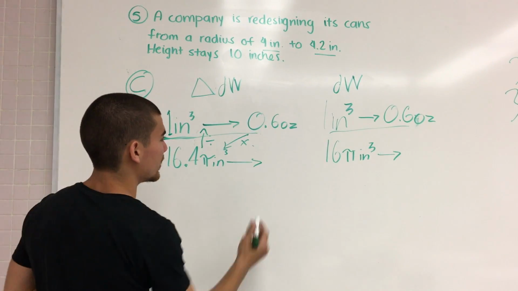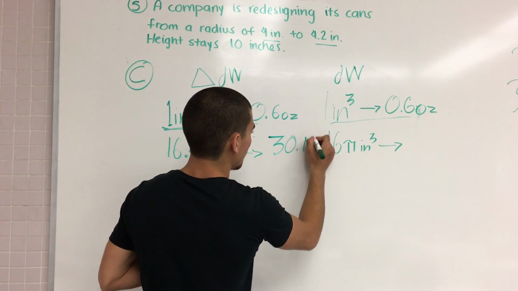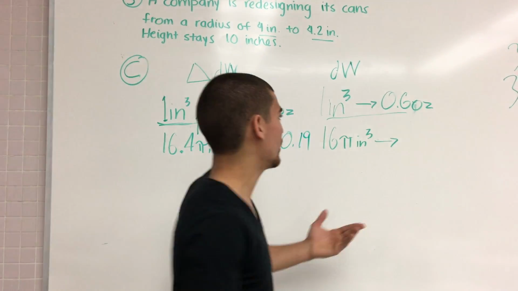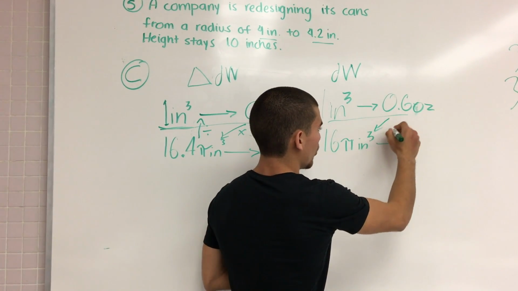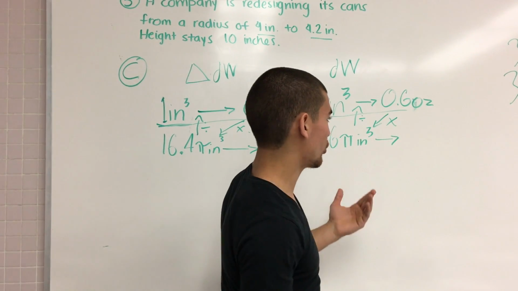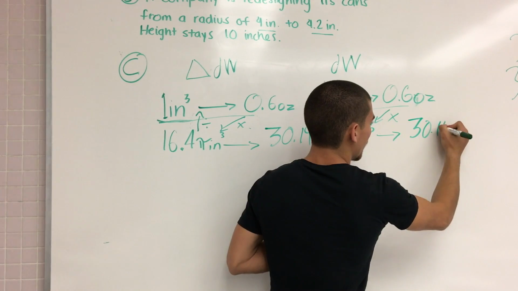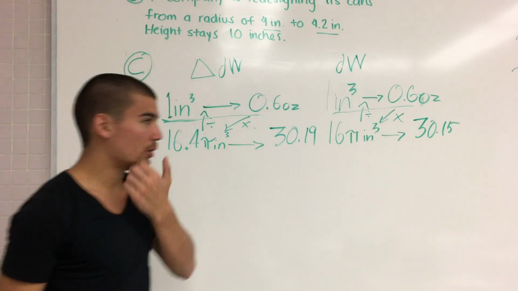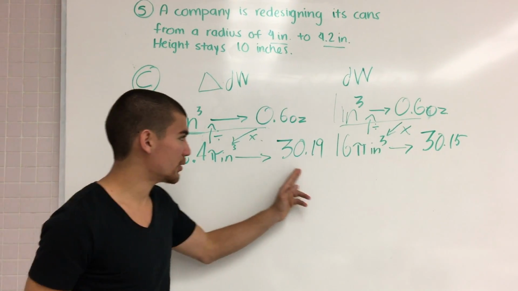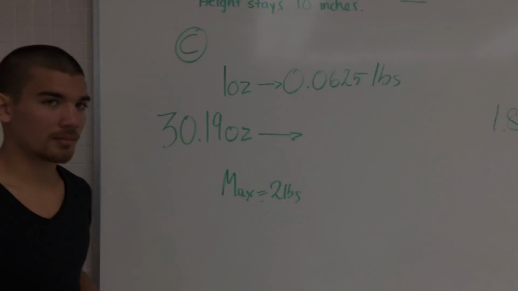And the answer for this is going to be 30.90. And now we do the same in the other. We multiply and then we divide. And for this one, we're going to have as an answer 30.15. As you can see, the difference between one and another is almost nothing.